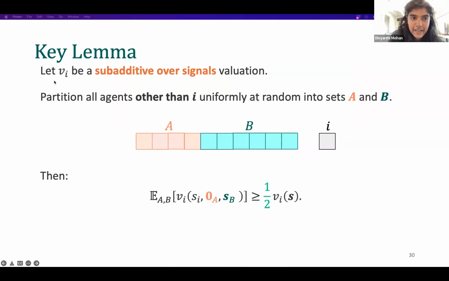So for any agent i who has subadditive valuations, if you partition all the other agents not equal to i uniformly into two sets, A and B, then their proxy value, by zeroing out the signals in B, is going to be at least half their true value in expectation. Over the random choice of sets A and B, if I take the expectation and look at the proxy value of i, that's going to be at least half of the true value.